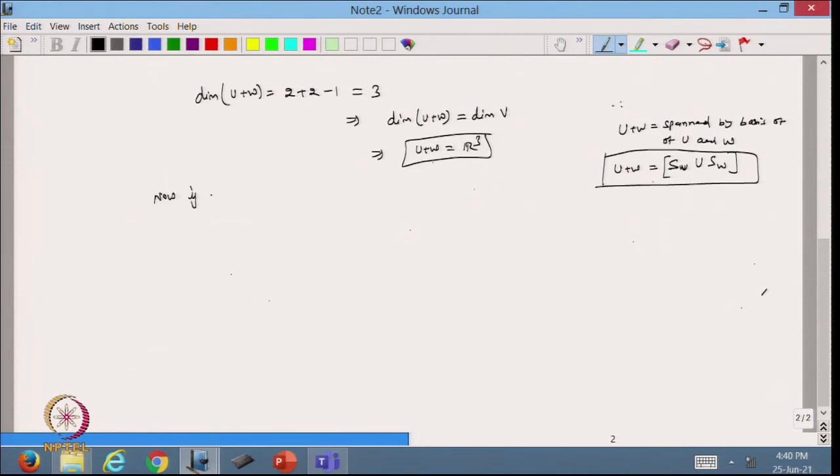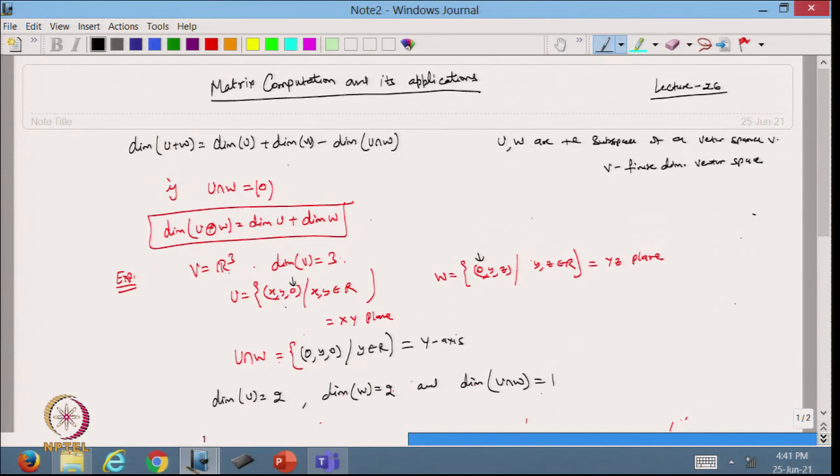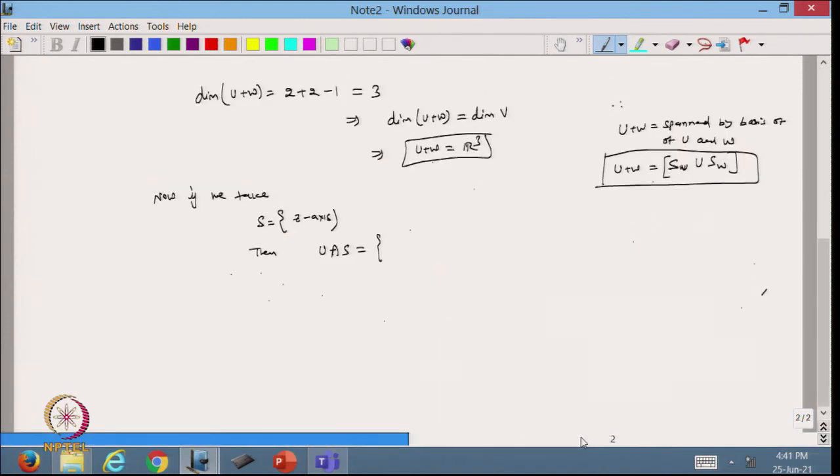Now, if we take another subspace S that contains only the z axis, then U intersection S: U is just the xy plane and S is the z axis, so the intersection will contain only the 0 element.